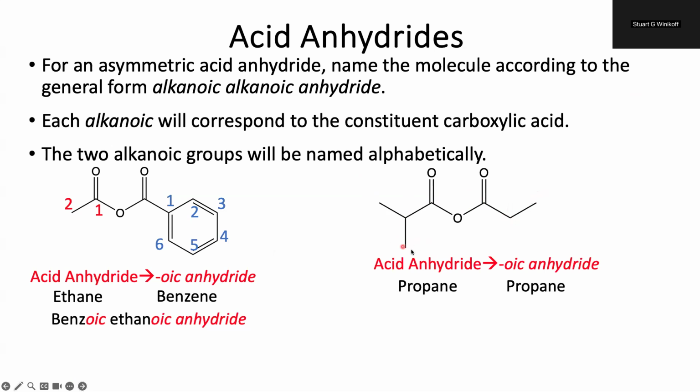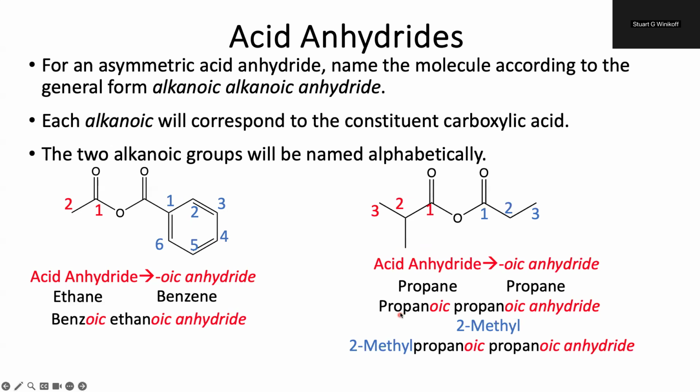But remember, one of them has a substituent. So our base name would be propanoic, propanoic. Then we need to add in that substituent. So again, numbering 1, 2, 3, 1, 2, 3. On one of them, I have a methyl group on the 2 position. I'm going to put that on the one that goes first, because this becomes a 2-methyl propanoic propanoic anhydride.